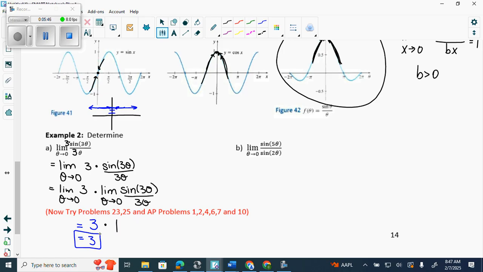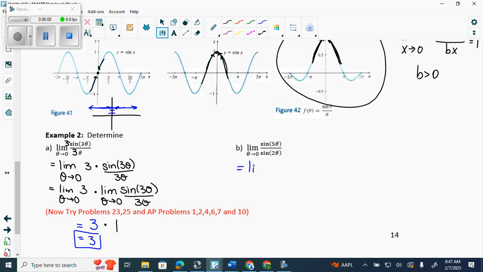Okay. What is our problem with B? If we have sine 5 theta, it has to be over 5 theta. And sine 2 theta, it has to be over what? 2 theta. True statement? Okay. So I want you to think of, I'm going to do this.